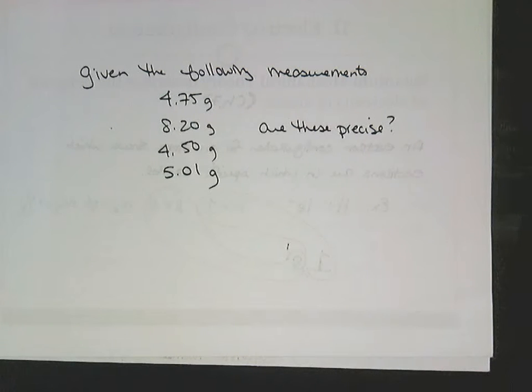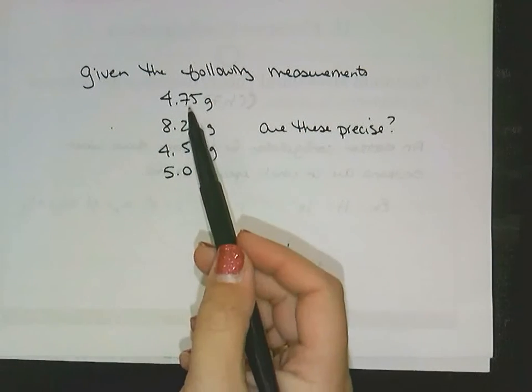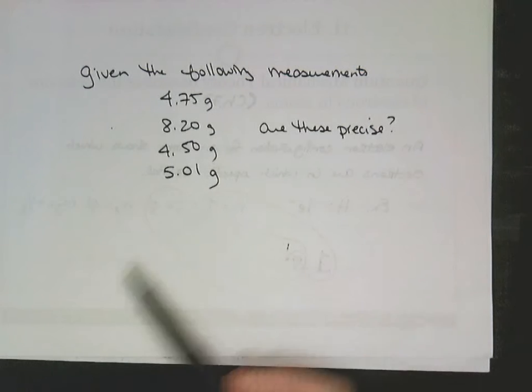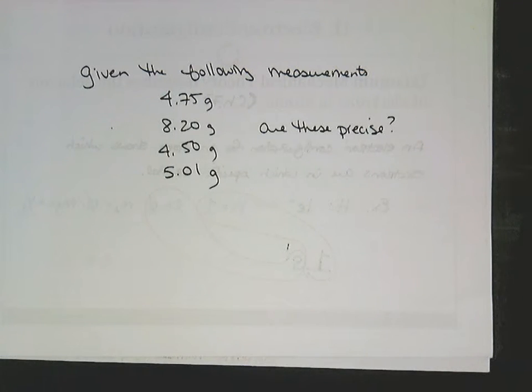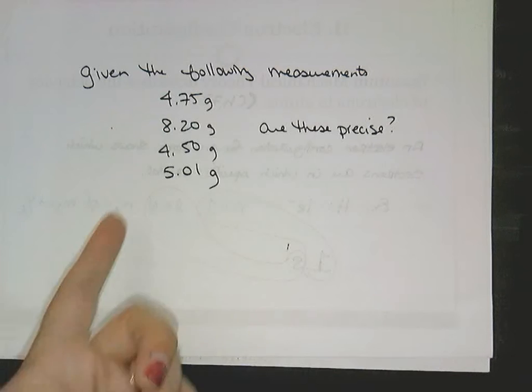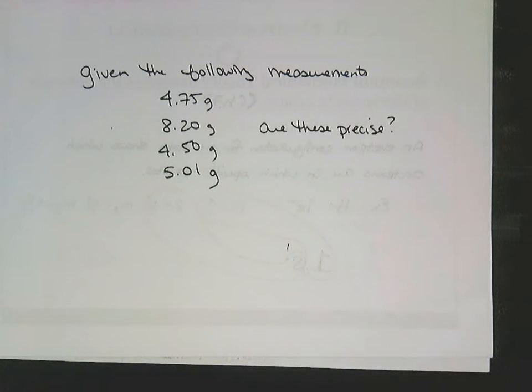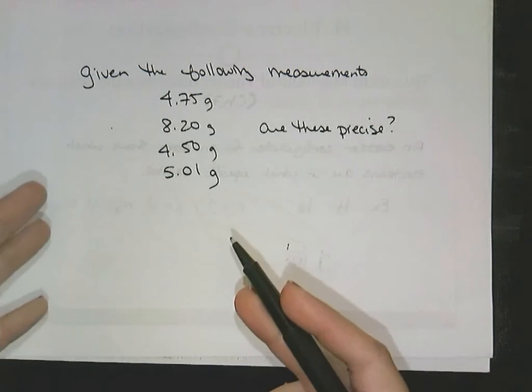Because something probably went wacky there. If you measured 4, 4.5, 5, 8, you would hopefully think to yourself, wait a minute, did I zero this balance? Or am I putting two things on there? Because something has gone wrong. So if it's on the test, which I can't remember if it is or not, it's going to be that obvious. Like, for real, that is not precise.